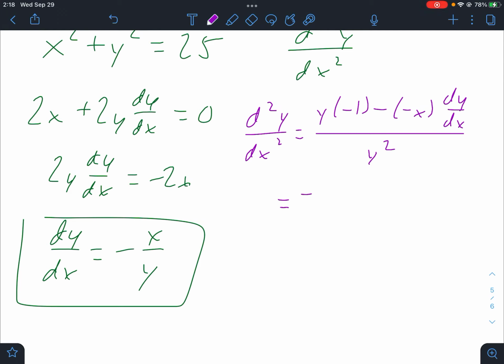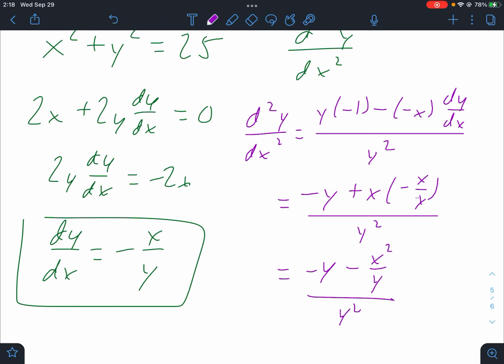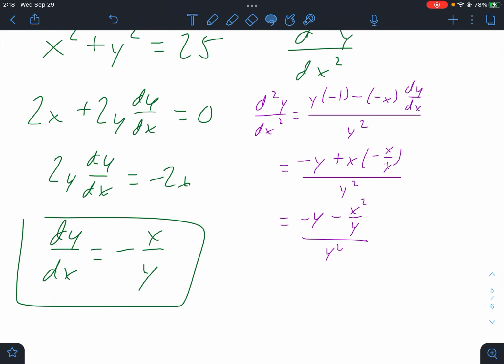All right, if we simplify that a little bit, we get negative y plus x. Now, for dy/dx, we know what dy/dx is. It's negative x over y. So put that right in there, over y squared. Simplifying a little bit more here, negative y, and then we have minus x squared over y, all over y squared. Kind of running out of room here.